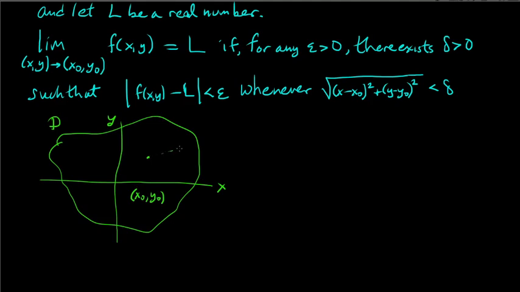And it takes that point and maps it to the z-axis. Or if it helps, think of the z-axis as the vertical axis. So let's say f of x0, y0 is equal to this z here. We'll call it z0.